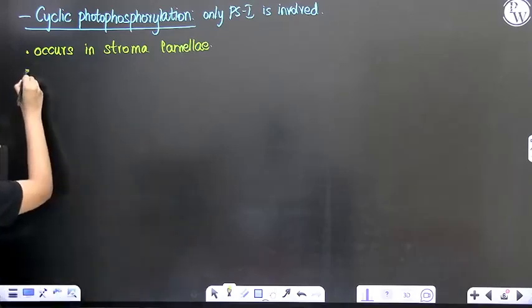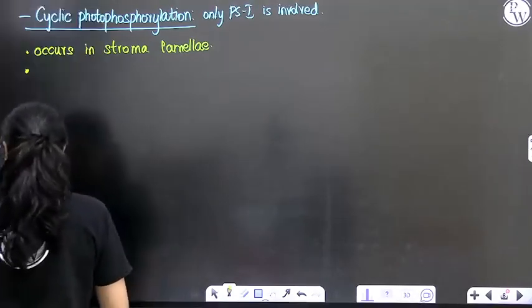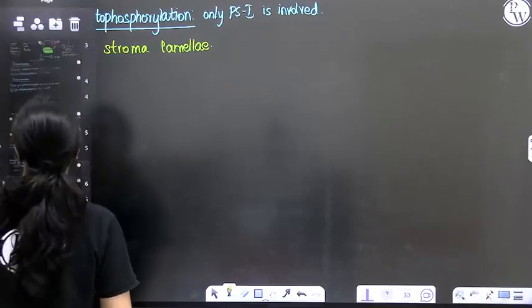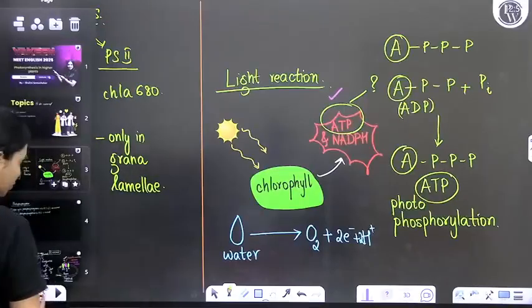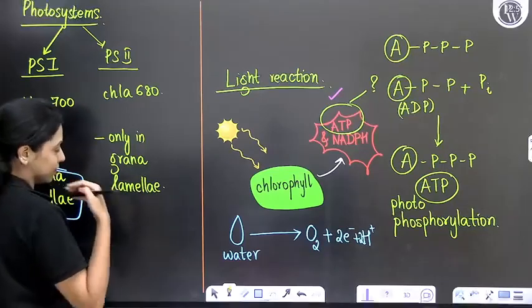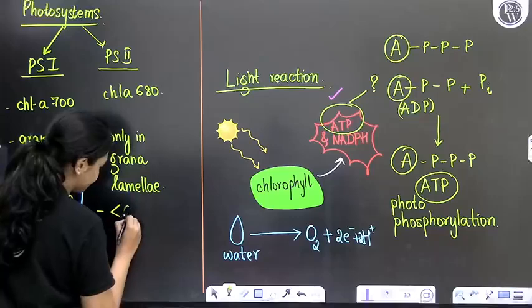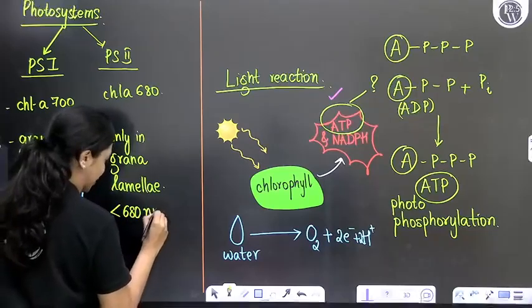What is the other option? I told you in the last class that PS2 will be functional only when it gets radiation of 680 nanometer or less.